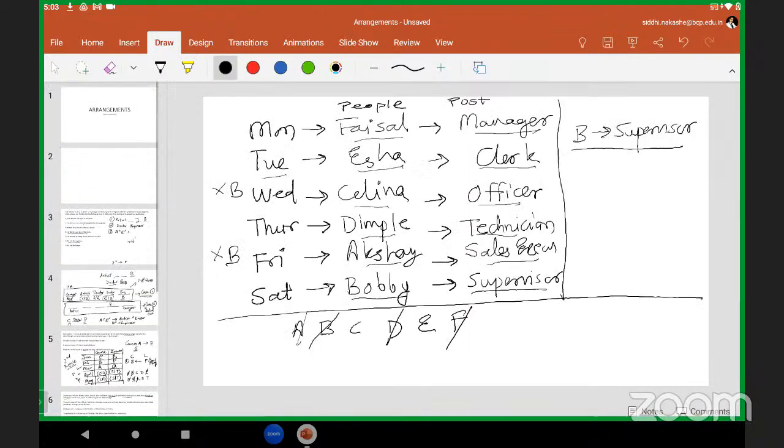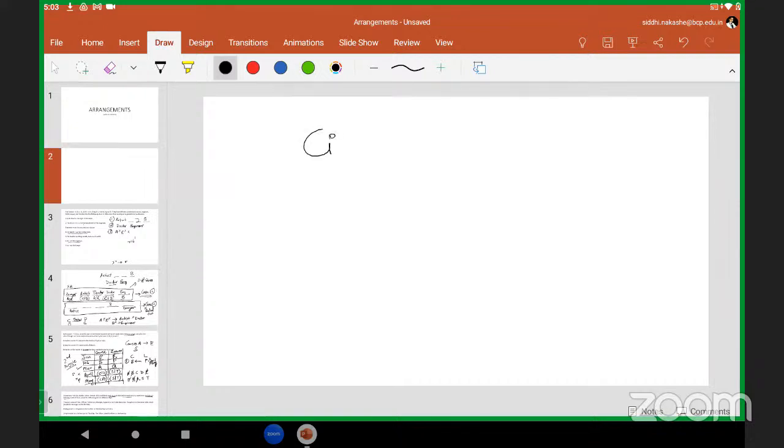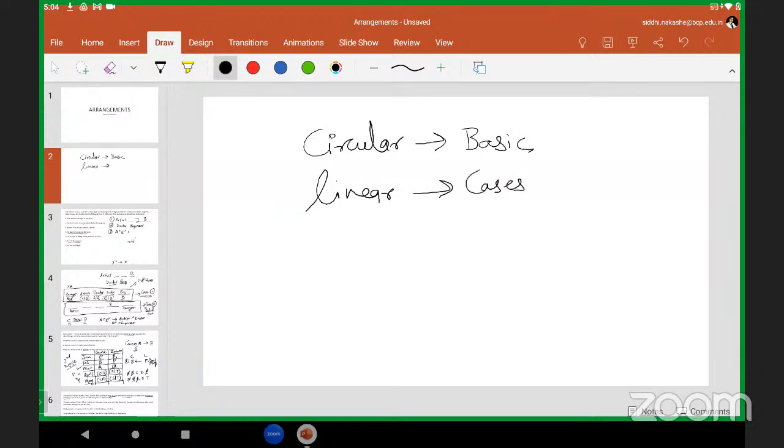So fine, we have covered so far basic circular arrangements, then linear arrangements with cases, case 1 and case 2 for any question.